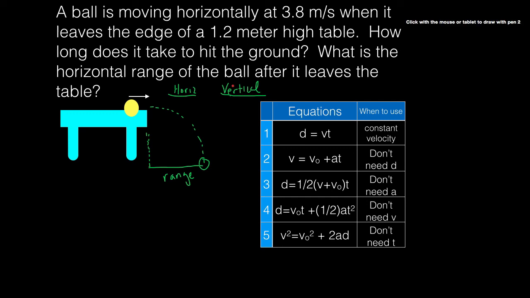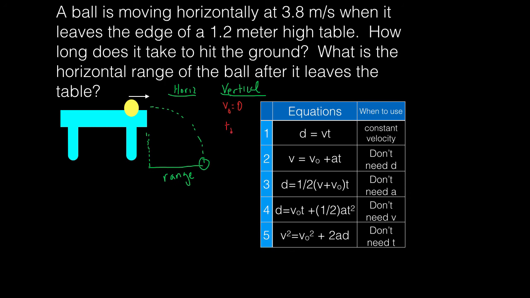So I'm going to switch colors. I always like to start with the vertical, what I know is happening vertically. We know that as it leaves the table, that initial velocity is going to be 0. Now we're talking vertically, so as the ball leaves the table, it's just like it was being dropped. Vertical initial velocity is going to be equal to 0 meters per second.